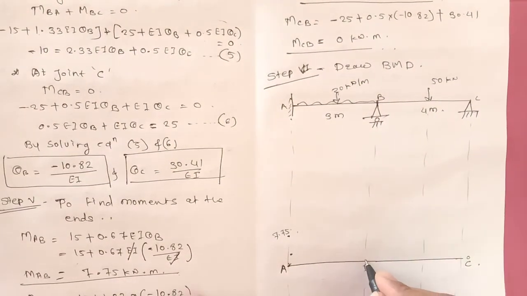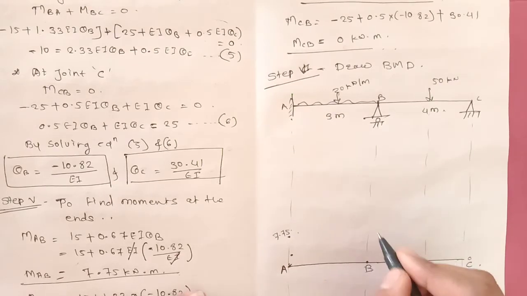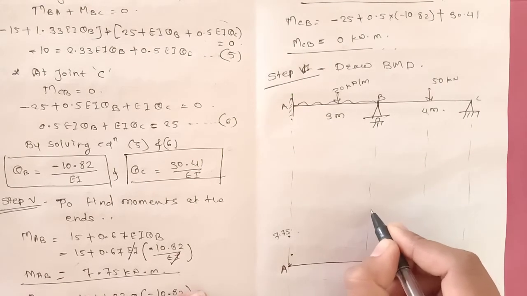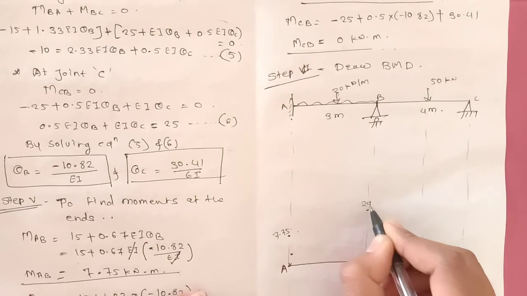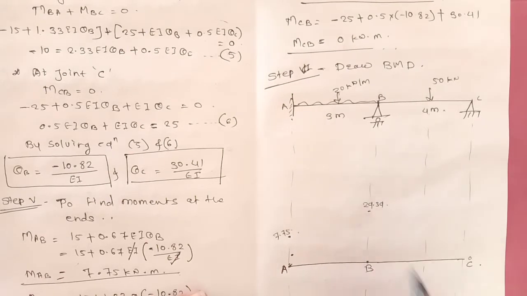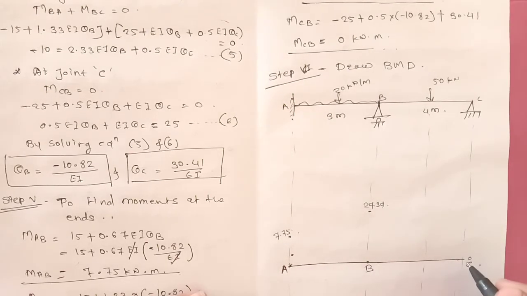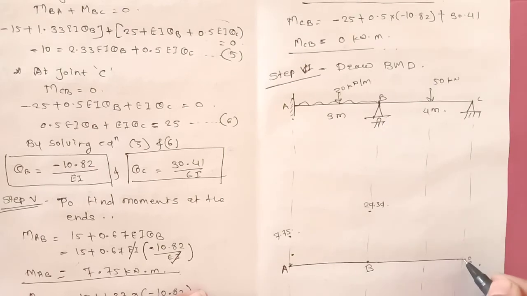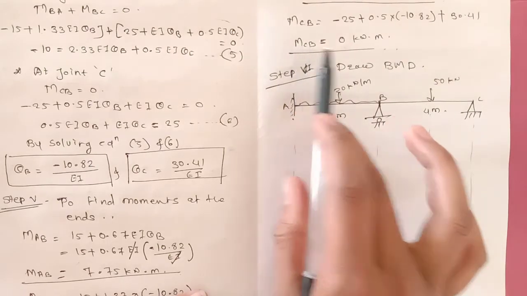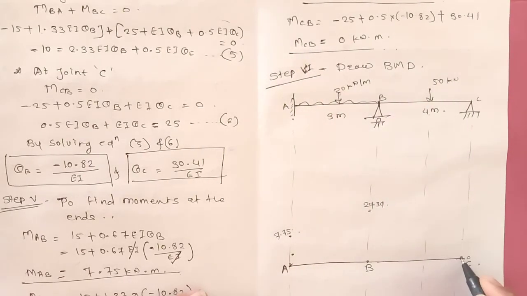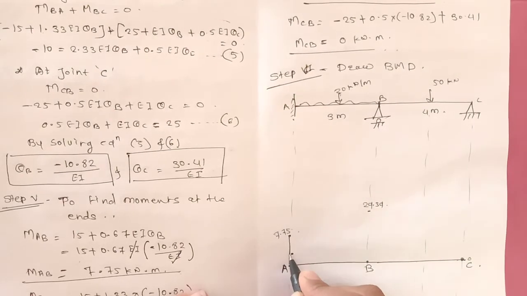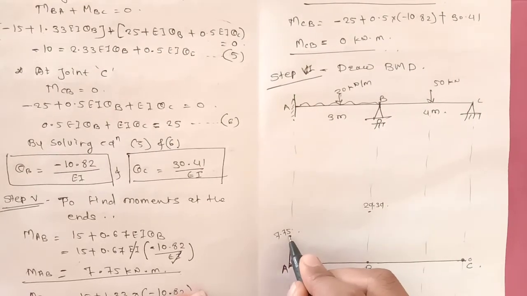So here over this B point, put this value 29.39. Then next, over this C joint, the end moment for member CB is 0. Okay, so the end moment diagram is like that.